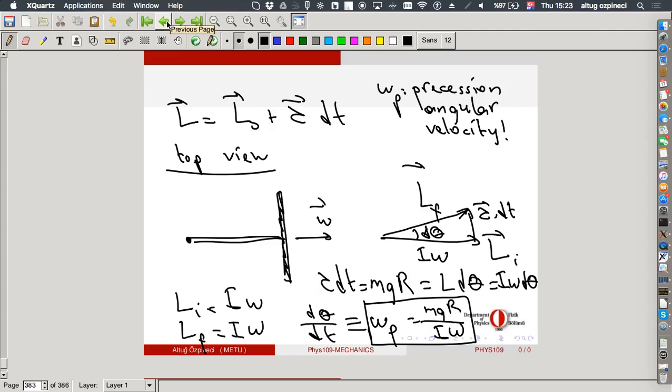This one. I'm just looking at this triangle over there. Well, this length and this length, they are equal because they are both equal to I omega. And this is that isosceles triangle. It's a narrow one, very narrow one. This d theta is very small. So, okay, these two lines are basically on a circle since they have the same length.